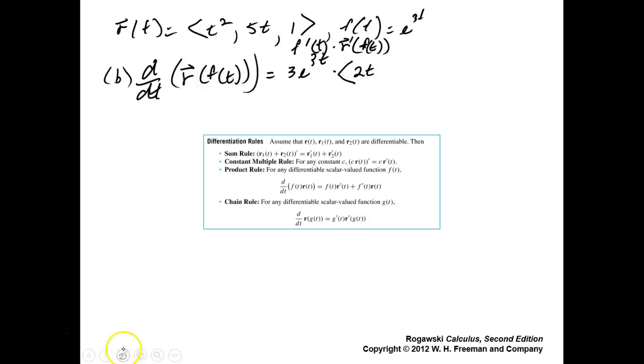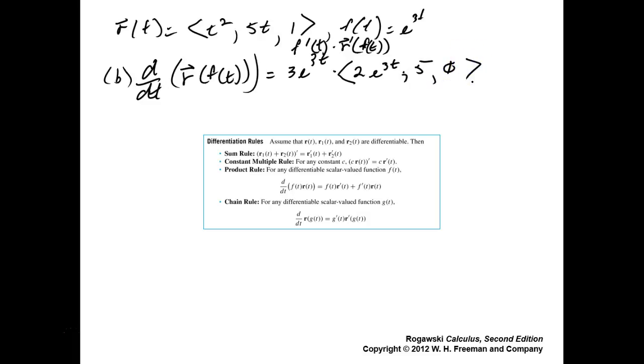No, I'm sorry, you're right. You put the f in where the t was. 2, yeah, which is e to the 3t, and then 5 and 0. Yeah, comma, 5, comma, 0.